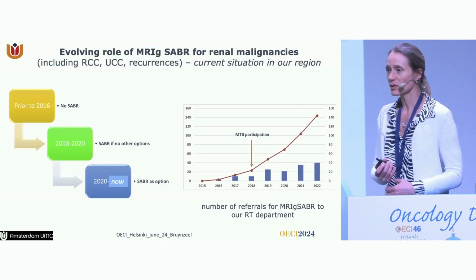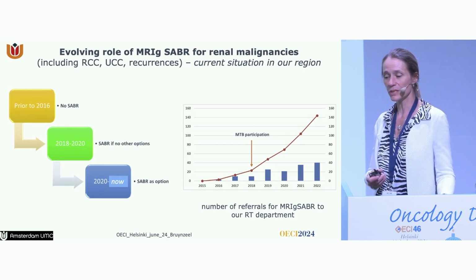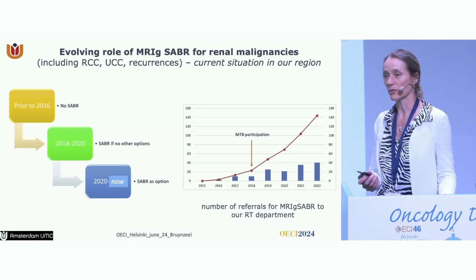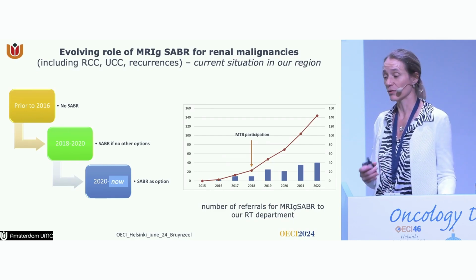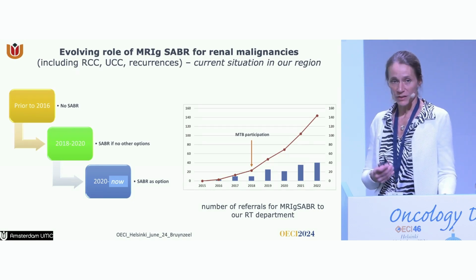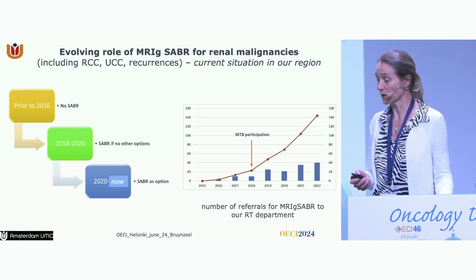So in the absence of evidence of randomized trials, this is the current situation in our region. Prior to 2016, SABR was not part of the treatment for patients with primary RCC. And nowadays, after joining and investing in the multidisciplinary tumor board, SABR is a valid option for patients with primary renal cell carcinoma.